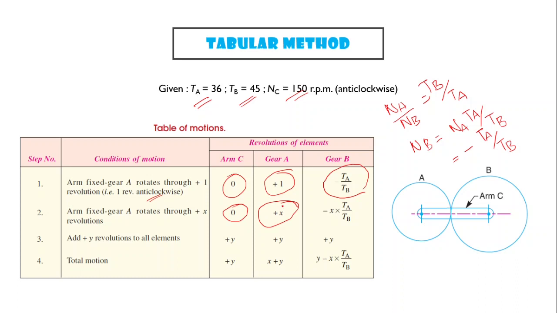Then automatically, this one must be equal to minus X into TA by TB. Then add plus Y revolutions to all the elements. Then the total motion for arm C is equal to plus Y, for gear A is equal to X plus Y, and for gear B it must be equal to Y minus X into TA by TB.